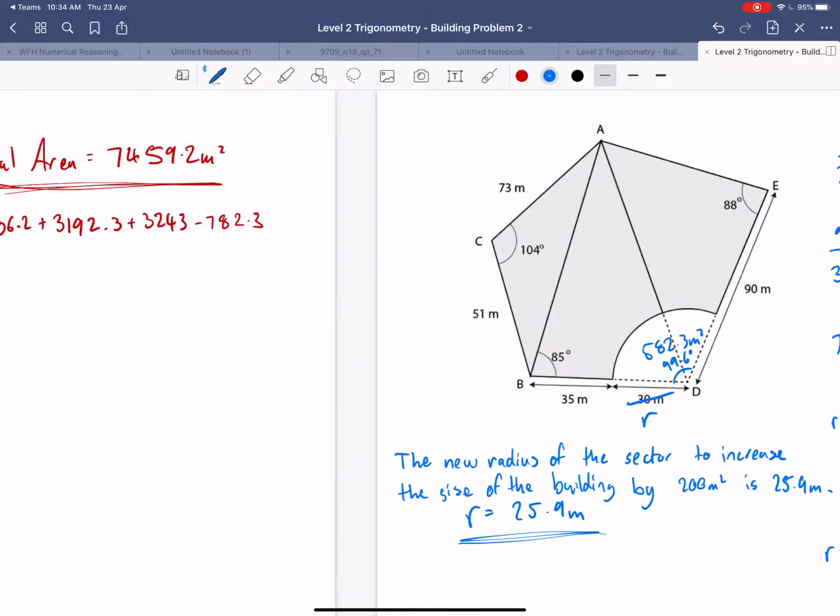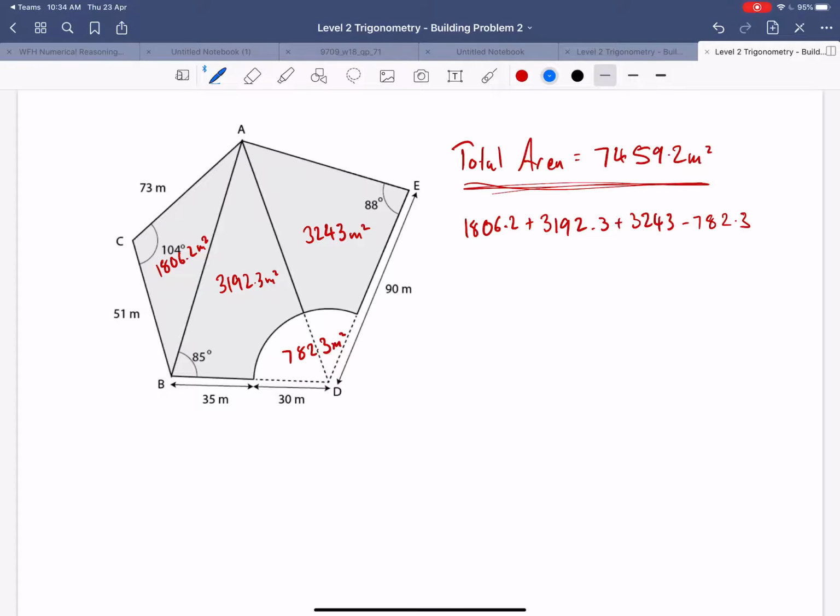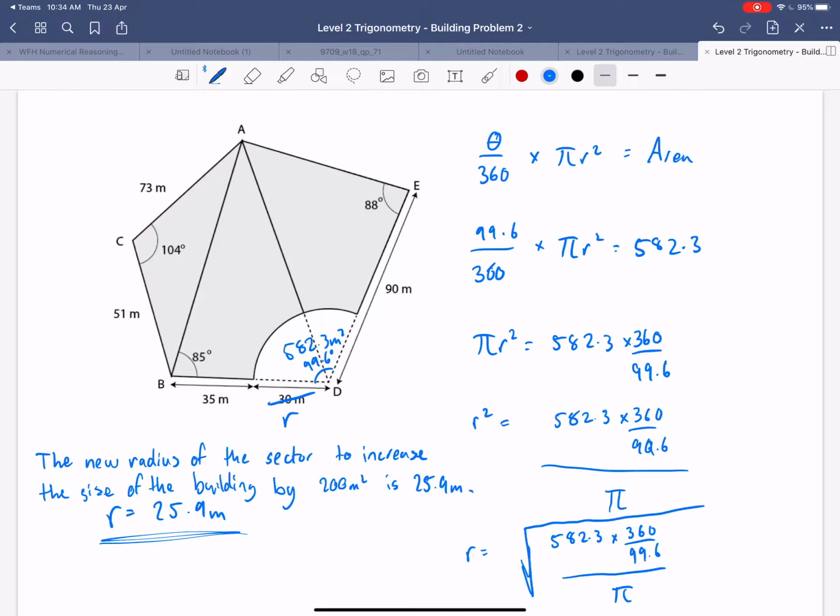Okay? And I probably should have done a little writing here, being the total area of a building is this, but I didn't.